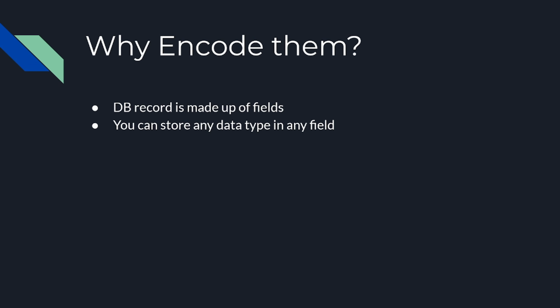The first problem that this solves is that it needs a way to look at a field and tell what data type it is. So part of the encoding process is it will mark specific bits, and then it can look at those specific bits to check if it is a string, integer, or what data type it is.